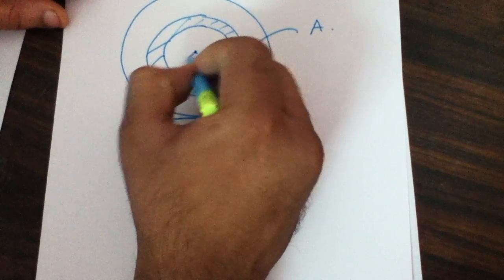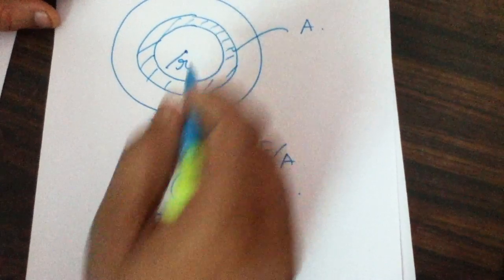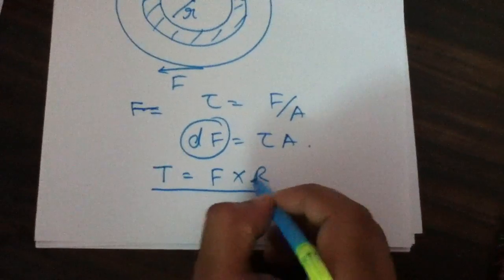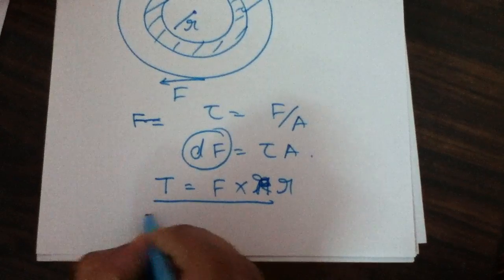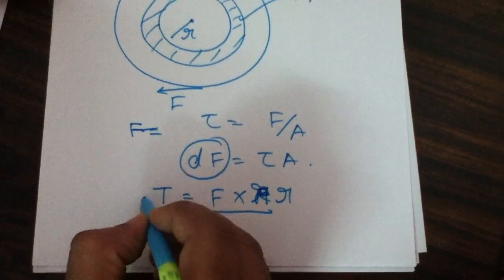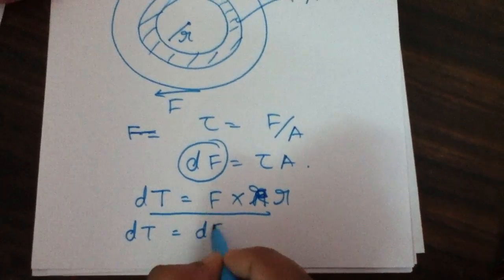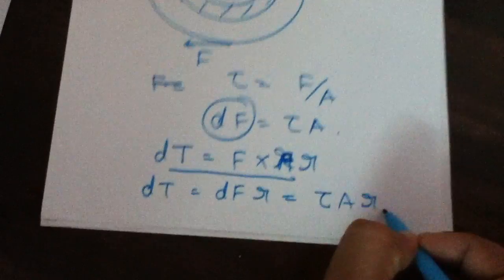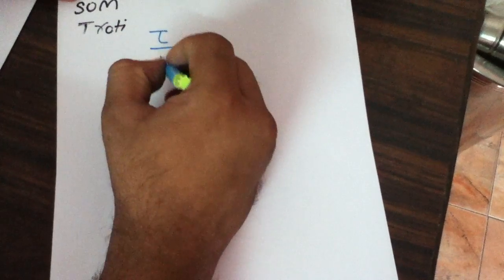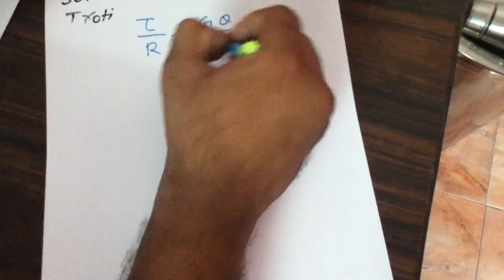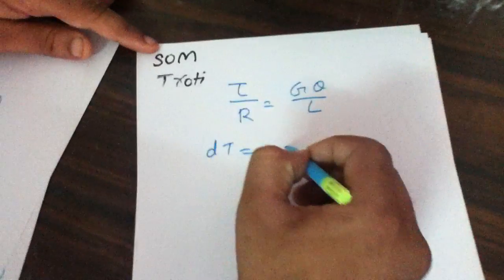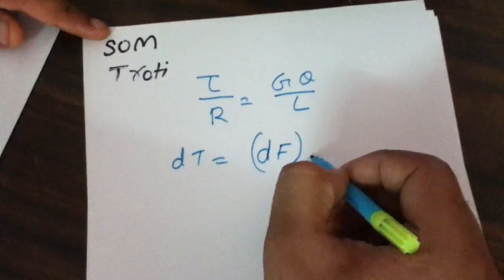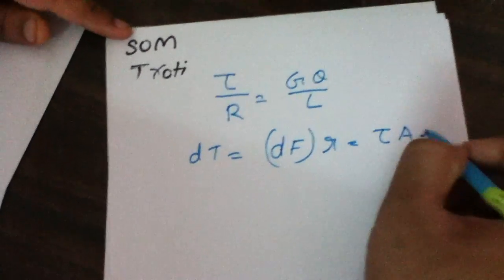Now this area is, let us say, a small r from the center, so this is small r. So torque, I mean small torque, dT is equal to dF into r is equal to shear stress A into r. And we know that shear stress by r is equal to G theta by L, and we got a derivation before like this: dF into r is equal to shear stress A r.